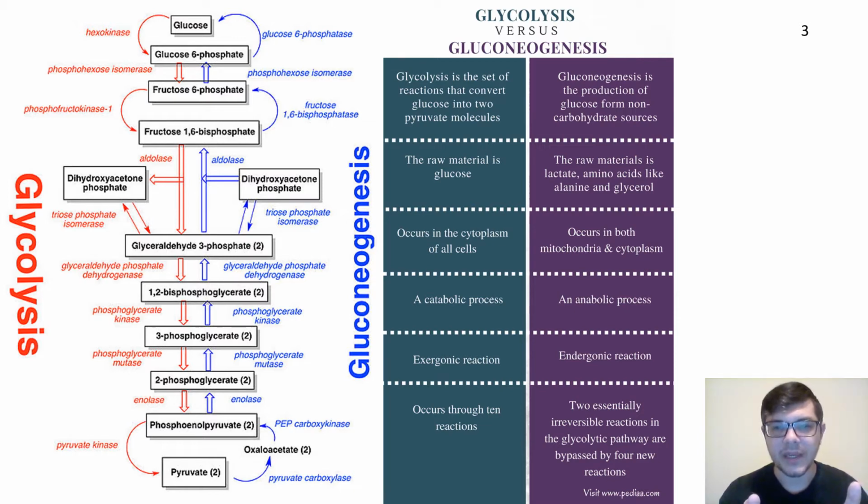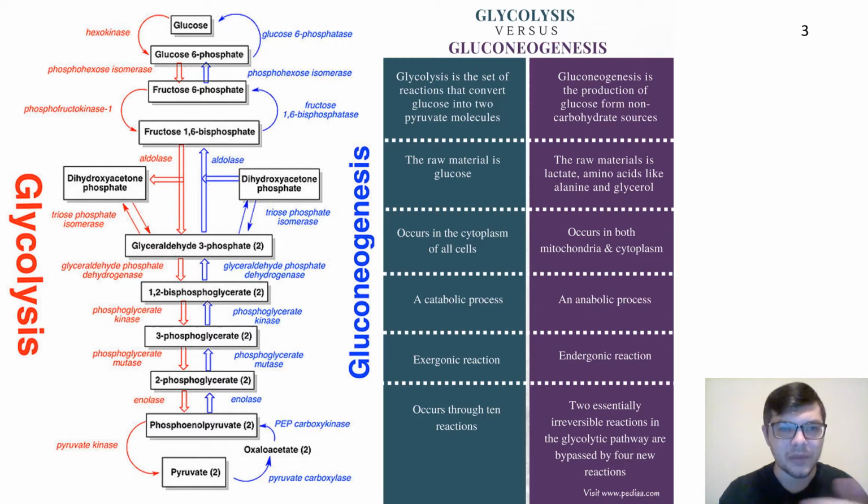So that is why it says, for the gluconeogenesis, that's in the purple in the third point of the chart, it says occurs in both the mitochondria and cytoplasm, because that oxaloacetate is part of the Krebs cycle, or sometimes known as the carboxylic acid cycle, things like that. Well, the oxaloacetate then has to still get to the phosphoenolpyruvate eventually, so you need the PEP carboxykinase to even push to that step.